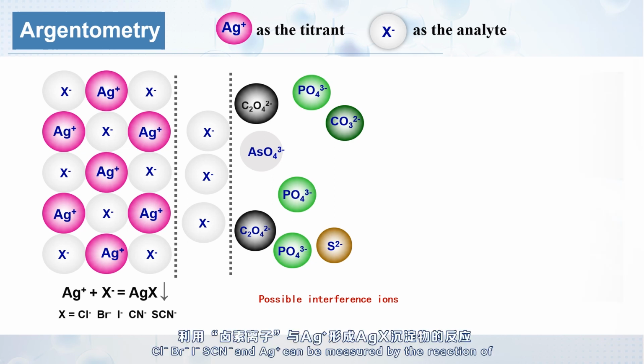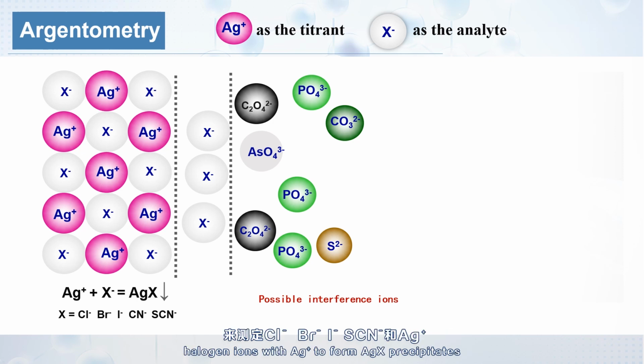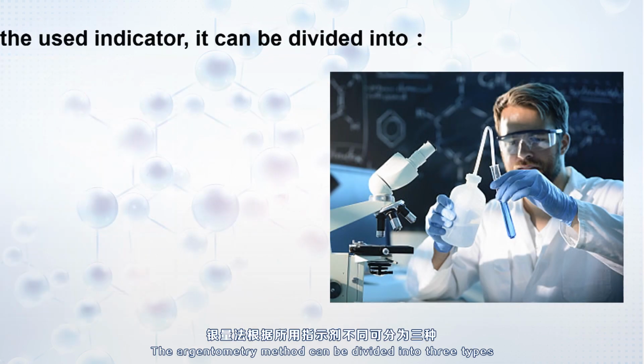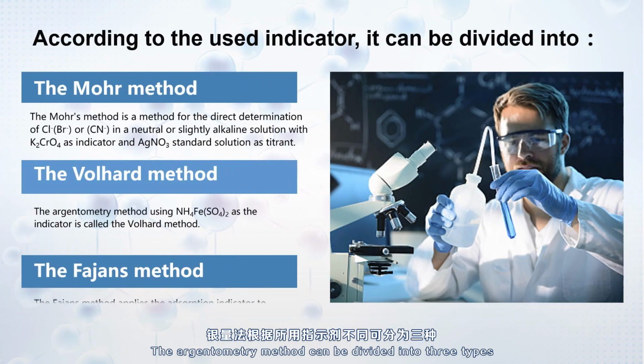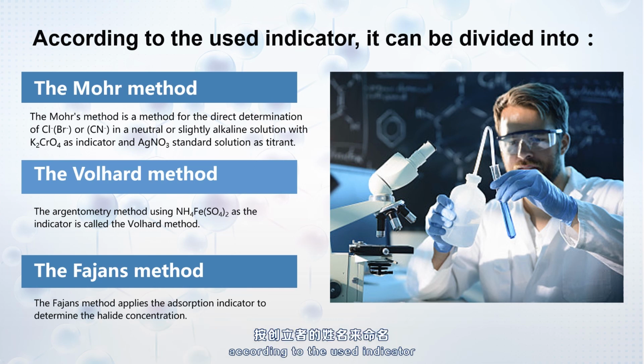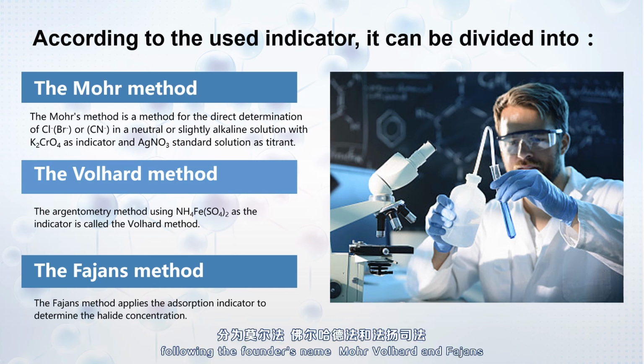Bromide, chloride, iodide, thiocyanate, and silver can be measured by the reaction of halogen ions with silver ion to form silver X precipitates.